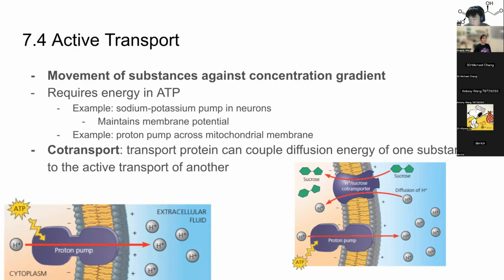Another example is the proton pump in the mitochondrial membrane in cellular respiration, which we will talk about later. They can also be coupled together in co-transport. Basically, the transport protein can use the diffusion energy of one substance to actively transport another substance.